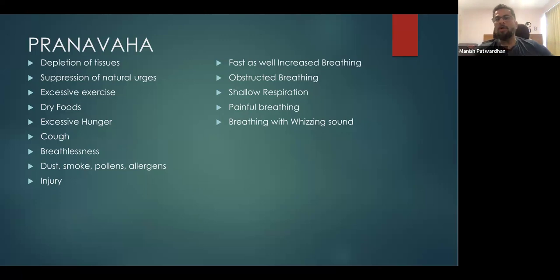And what do these people do? These athletes, these runners, they completely cut out the fats, they cut out the carbs, they go on a high protein diet. And so what happens? On one hand, you are aggravating vata, and your diet also is dry in nature, further aggravating vata.